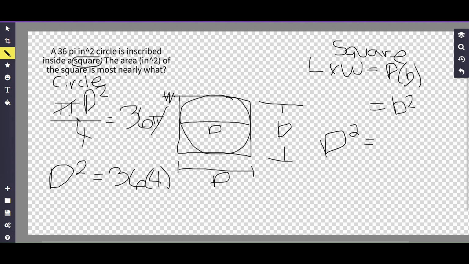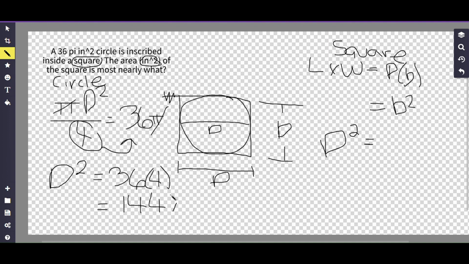Pi's cancel, the 4 comes over to here, you multiply, and so what you get is 144. Now, if you realize this d squared is the same d squared over here, so we have a relation there. Additionally, this 144, what is its notation? Well, that's an excellent question. What did it ask for? It asked for inches squared.